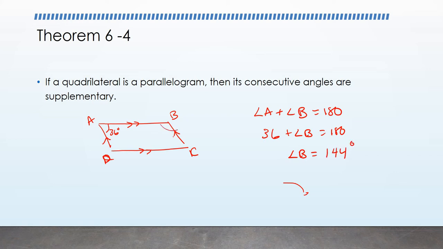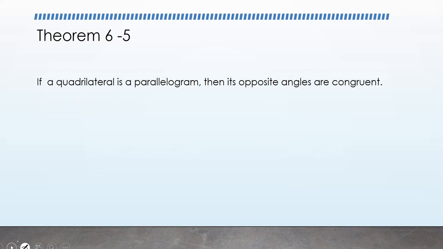So I now know the measure of angle B as well. So that's what theorem 6.4 allows me to do. Now I'm just going through these, but at the end I'll give you a problem or two that you can use.